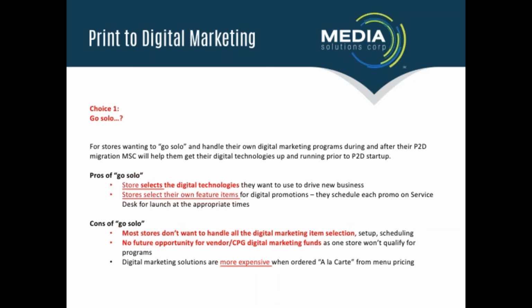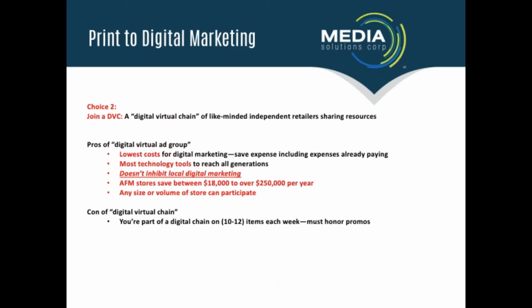It's just a matter of scheduling out your promotions each week and turning up the needle to make sure that you're doing more digital promotions while you're beginning to cut back your distribution. Choice two is to join what we'll call a DVC. DVC is a digital virtual chain.